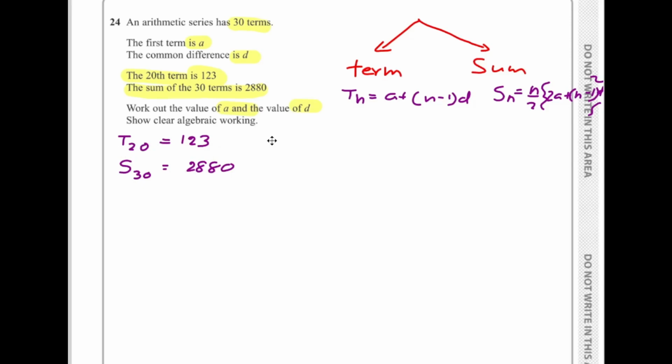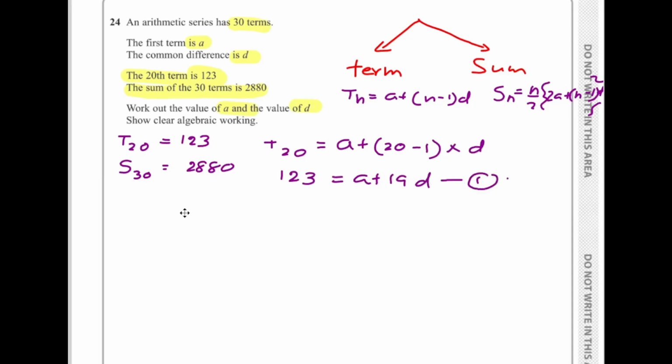Then I'm writing T20 equals A, the first term, which I don't know, plus 20 minus 1 into D, which we don't know. T20 is given as 123, so A plus 19D equals 123. This is equation 1.